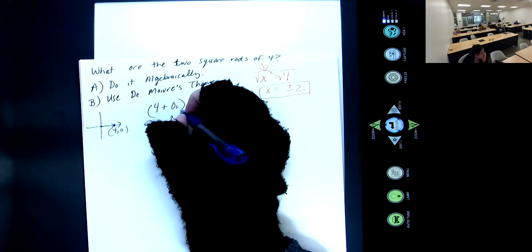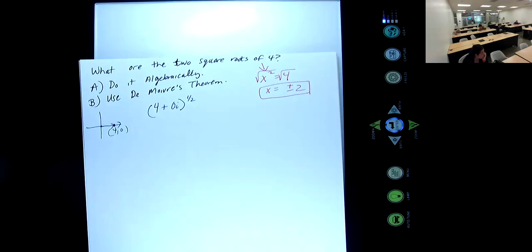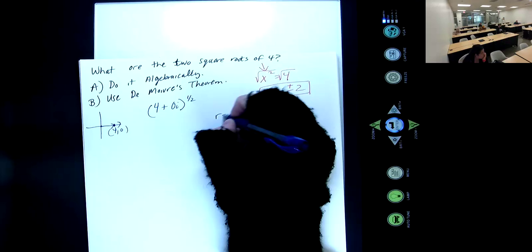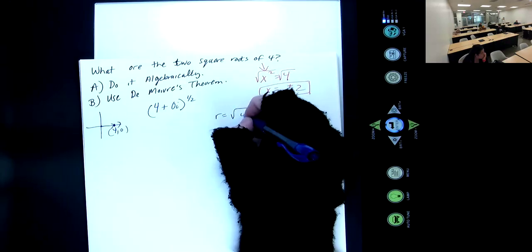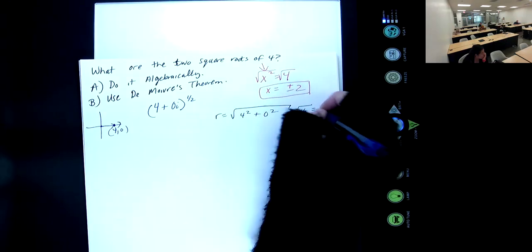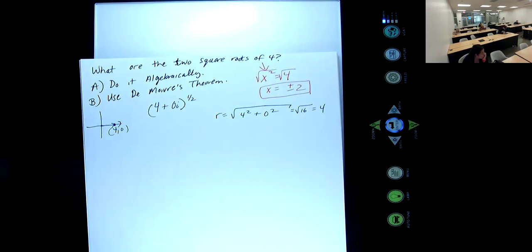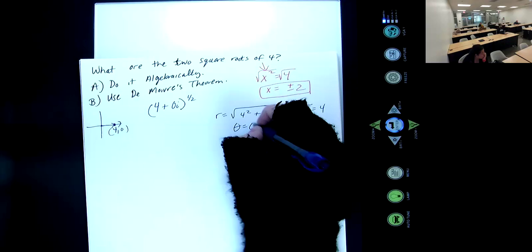And we're looking for the square root, or the 1/2 power. You can go with the square root of 4 squared plus 0 squared, which is the square root of 16, which is 4. And theta equals 0.